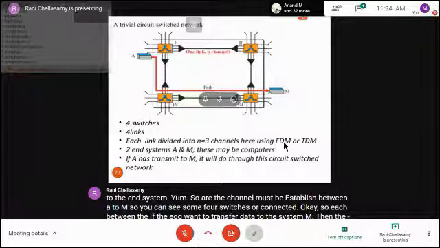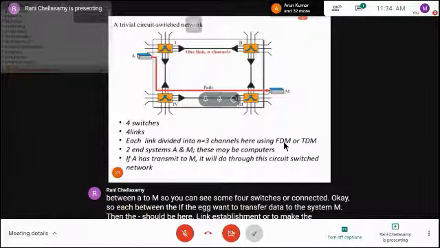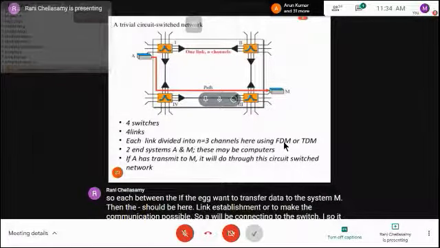The connection will be made in three phases: connection setup, data transfer, then connection termination.